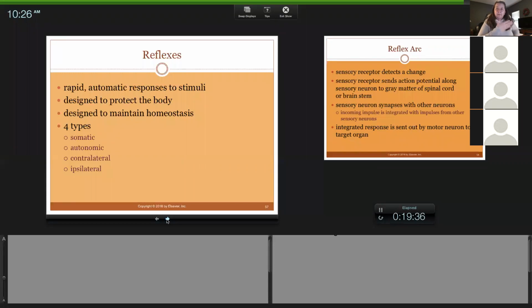So anytime we're going to talk about cough reflex, swallow reflex, palpebral reflex, the femoral nerve reflex, all of those reflexes are designed to protect. So I just want you to know from this slide that a reflex is an automatic response to a stimulus, and it is protective. Okay, the blink reflex is protective.